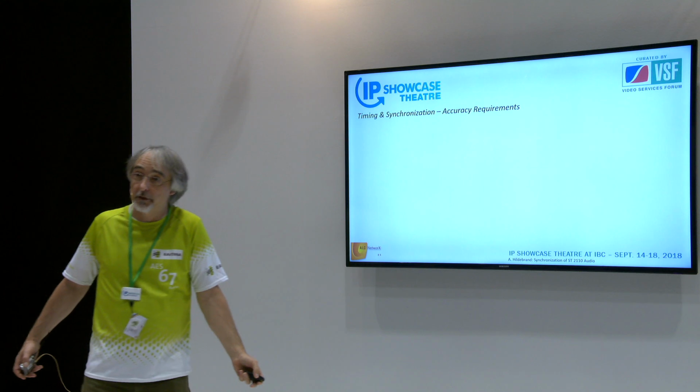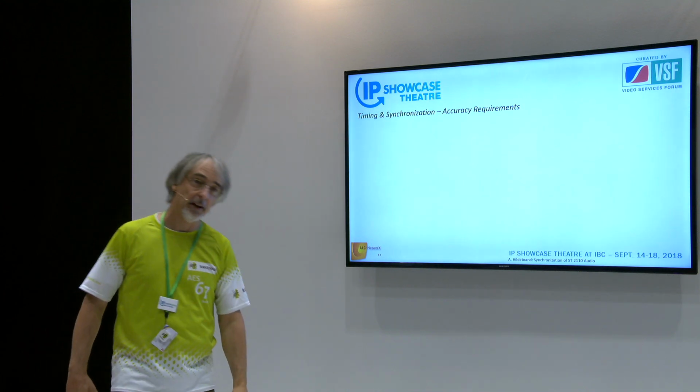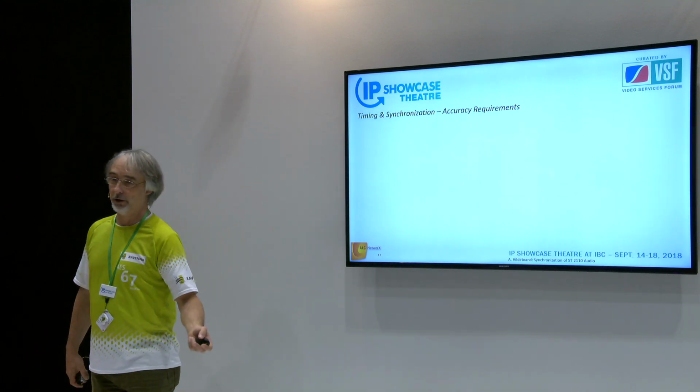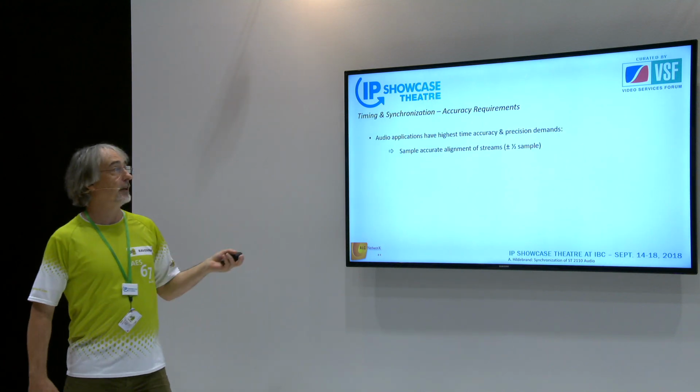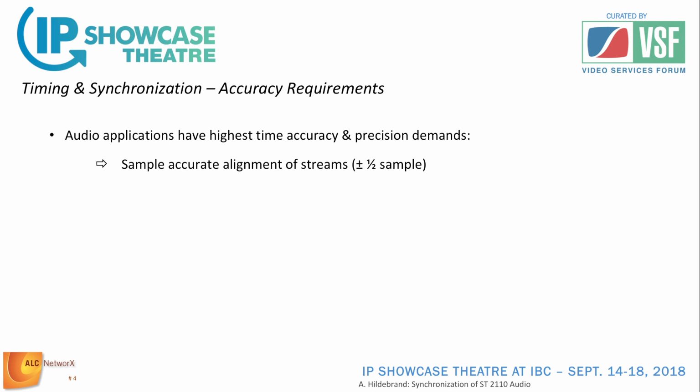What are the accuracy, the precision requirements anyway? If we look at our use case, we can identify that we have the highest accuracy and precision demands from audio actually. We want to achieve sample accurate alignment of individual streams on the network. So that means we need timing which is accurate enough to at least plus minus half a sample, so half a word clock period.